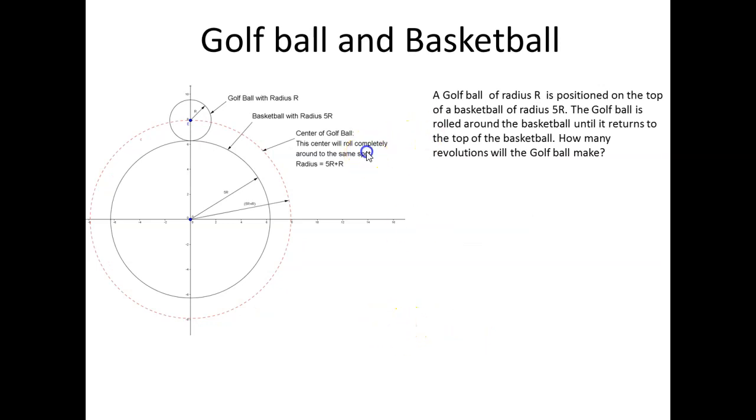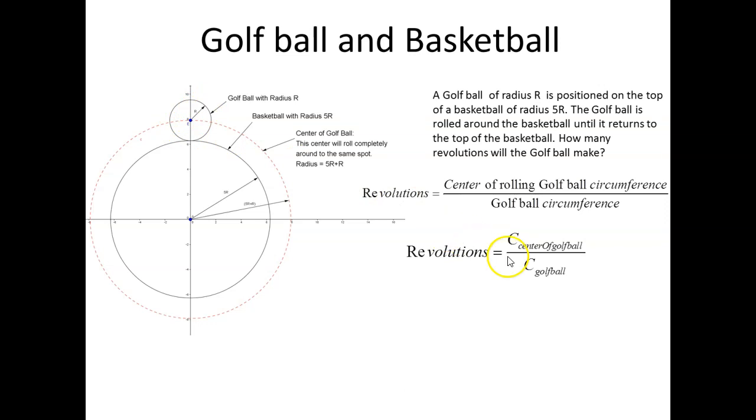Now, how many revolutions are we going to make? Well, we have to calculate that. We want the circumference of the circle traced by the center of the rolling golf ball, that red circle, divided by the golf ball circumference, which is 2 pi times r.